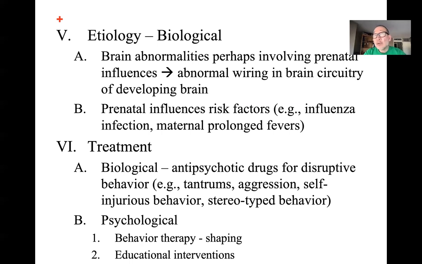Whereas others can be very high functioning, can take high school courses, maybe even college courses, may be able to have a part-time or full-time job, and may even be able to live somewhat independently with supervision. So the range of abilities on the continuum is fairly wide.